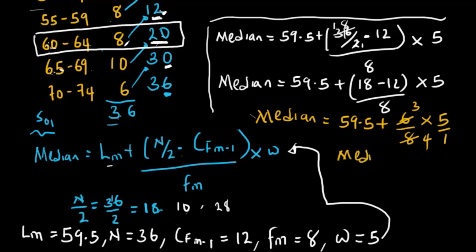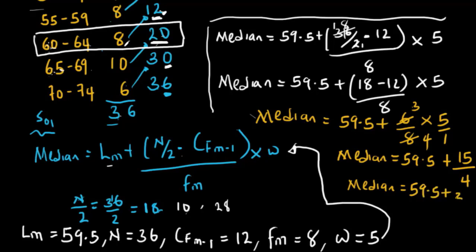So we have median equals 59.5 plus 3 times 5 is 15, all over 4 times 1 is 4. So we should be having median equals 59.5 plus 15 divided by 4, which is 3, remainder 3.